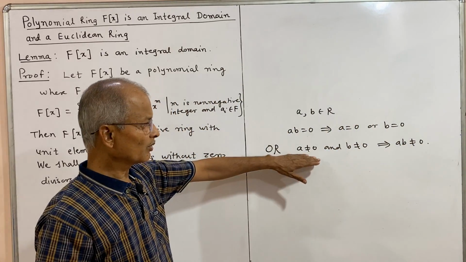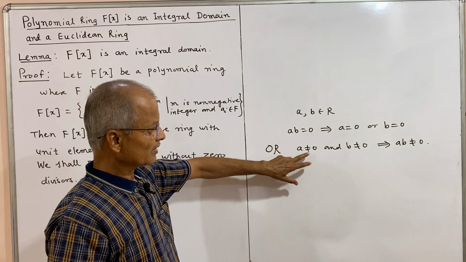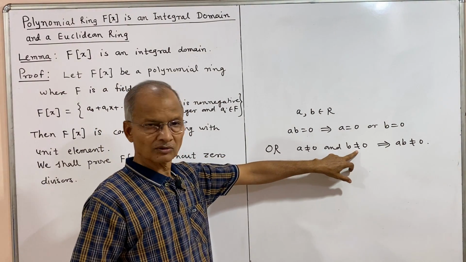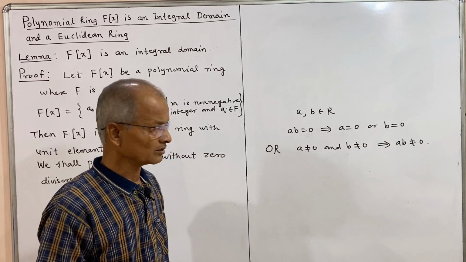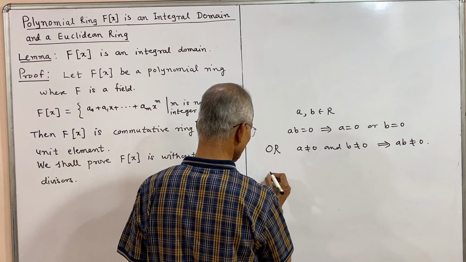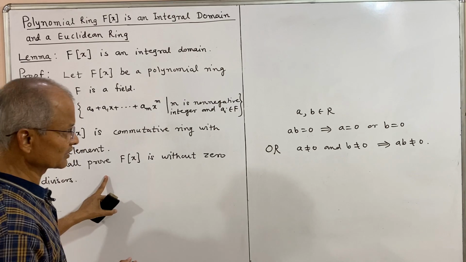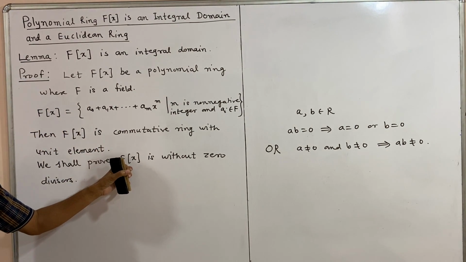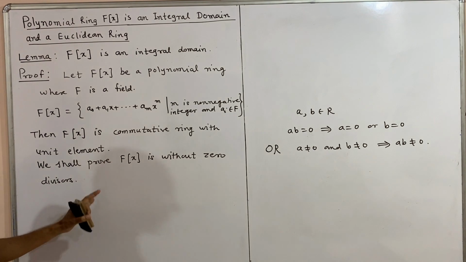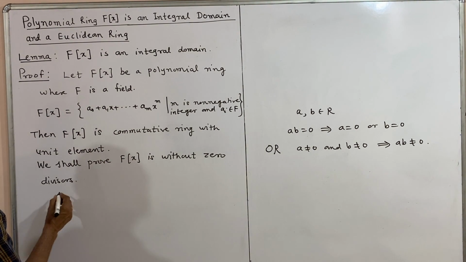That means first element is not 0, second is also not 0, then their product is also not 0. And that means we shall take two elements f(x) and g(x) in this ring, and then prove that their product is not equal to 0.